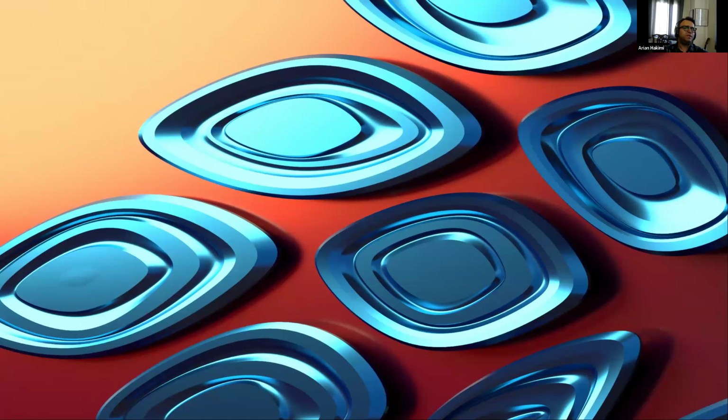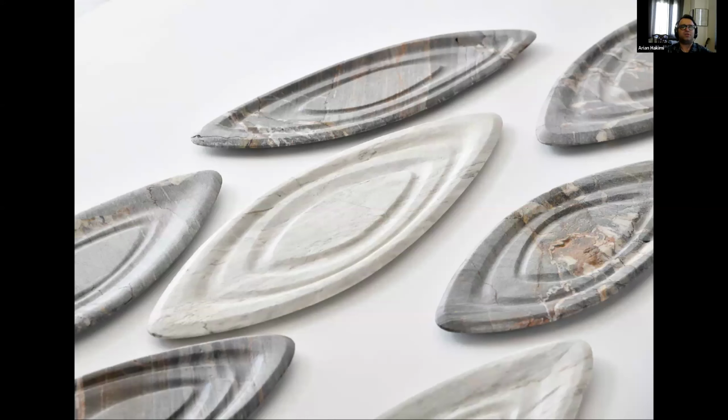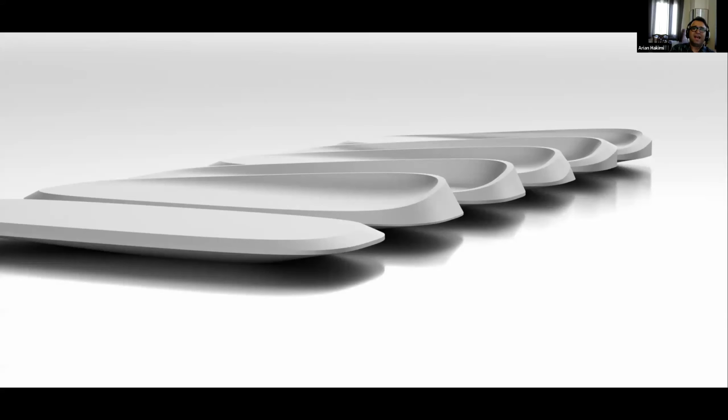This one is another example where we wanted to play with patterns. This time we wanted to create these stone centerpieces as an art piece, but again using the same concept of patterns.